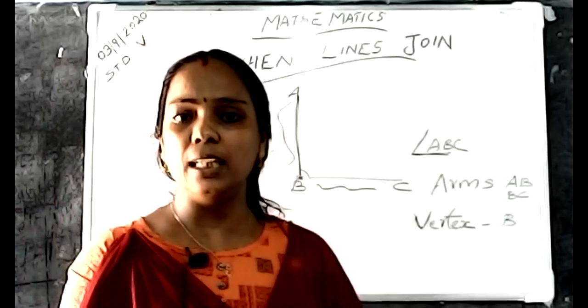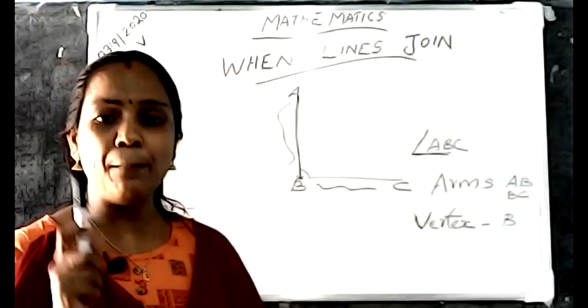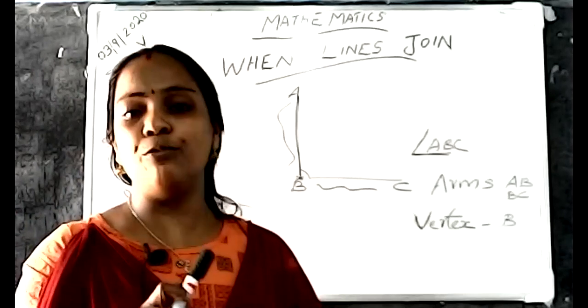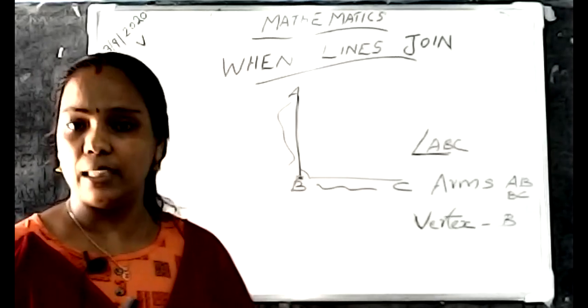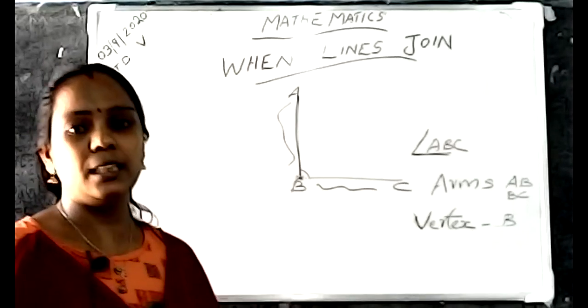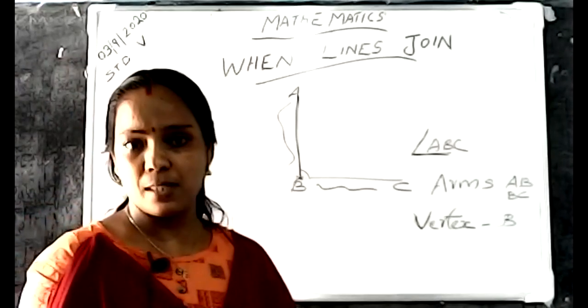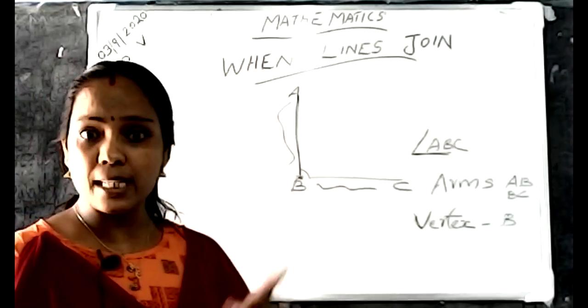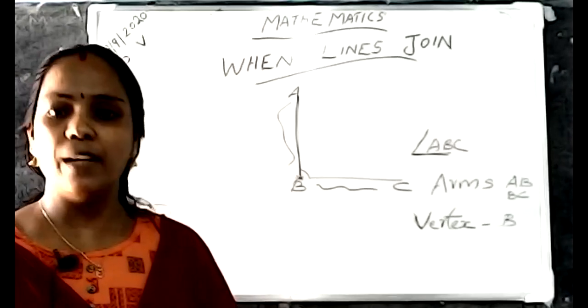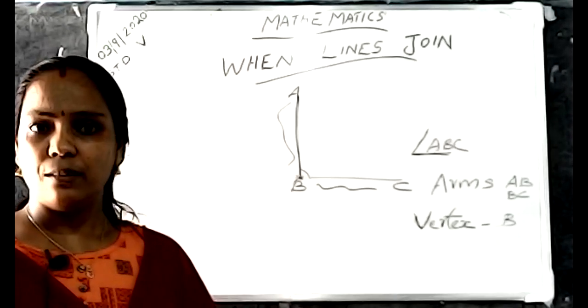When two lines meet at a point, then they form an angle. Which are the main parts of an angle? Arms and vertex. The arms are the two lines, AB and BC. The vertex is the point where the two lines meet, which is B.